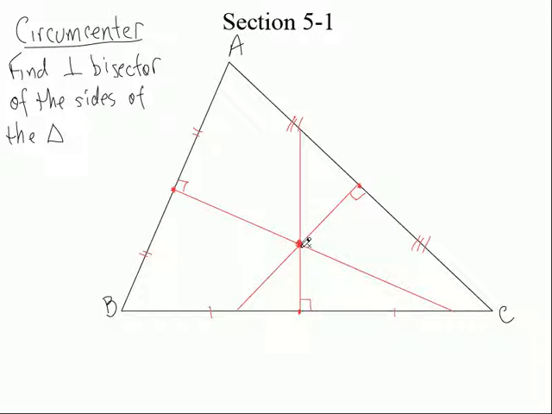Now, see this point right there? What do you think that point is called? The circumcenter. Okay, that's called the circumcenter of this triangle. Now, what's interesting about the circumcenter is this. Let's go a different color.